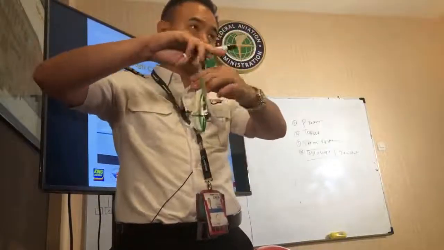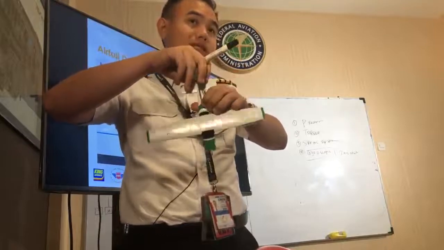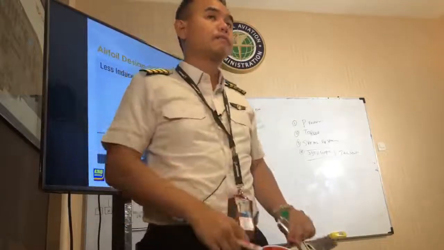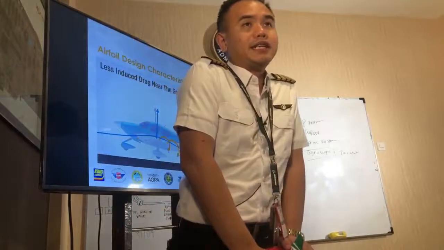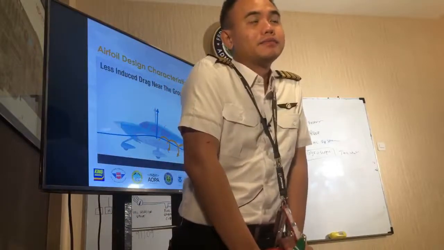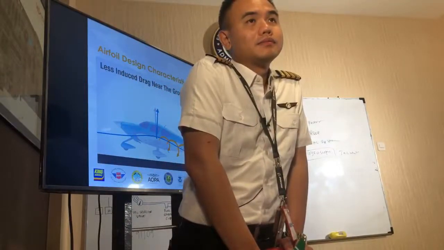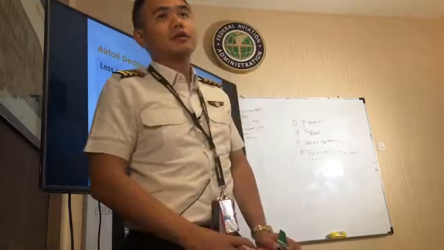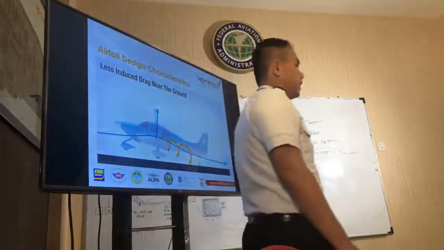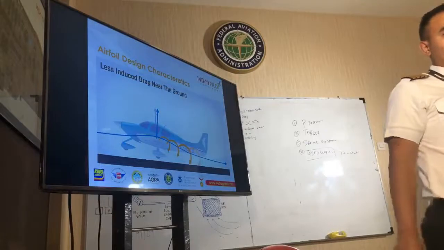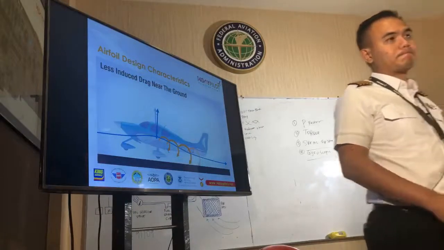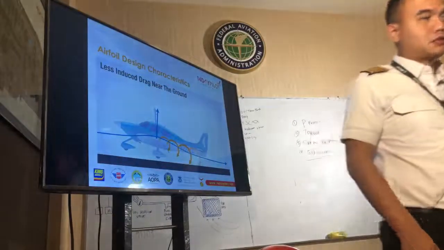When a spin happens, you will lose at least 1,500 feet per minute, or 2,000. And how many stages of the spin are there? Let's find out. The first is incipient spin. Find out about the spin.